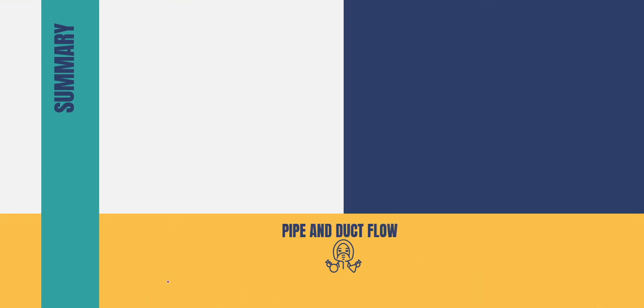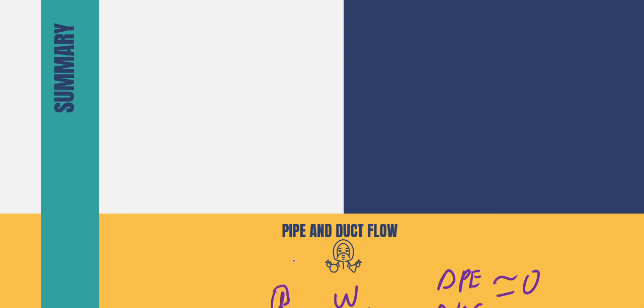For pipe and duct, usually you have Q, you have W. It depends on the question, but usually PE and KE are also equal to 0.